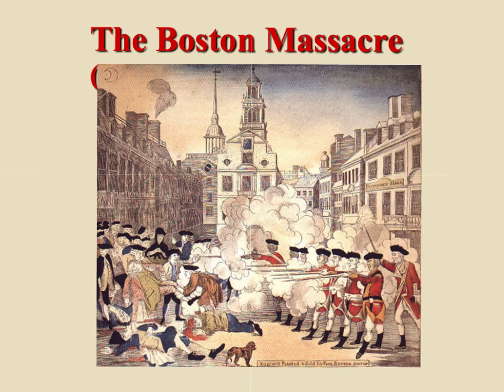Well, as some of the colonists started surrounding the redcoats and hurling insults and snowballs at them, all of a sudden, some shots ring out, killing several and wounding other colonists, including Crispus Attucks, who some consider the first casualty or first person killed in the Revolutionary War, as he was a free black man who was killed here at the Boston Massacre.